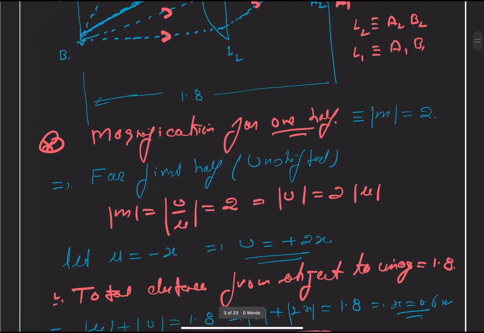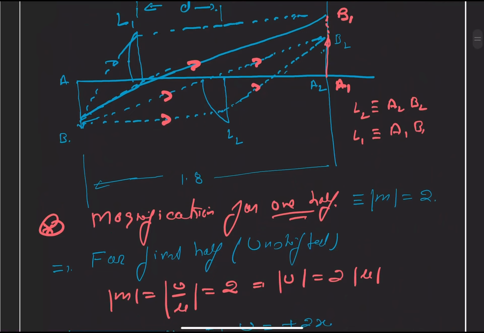We can just plot it: we get U is equal to 0.6, so this distance will be our 0.6, and the other distance of the image that is formed is our 1.2, and this is because of our L1, which is our unshifted. The shifted is our L2.